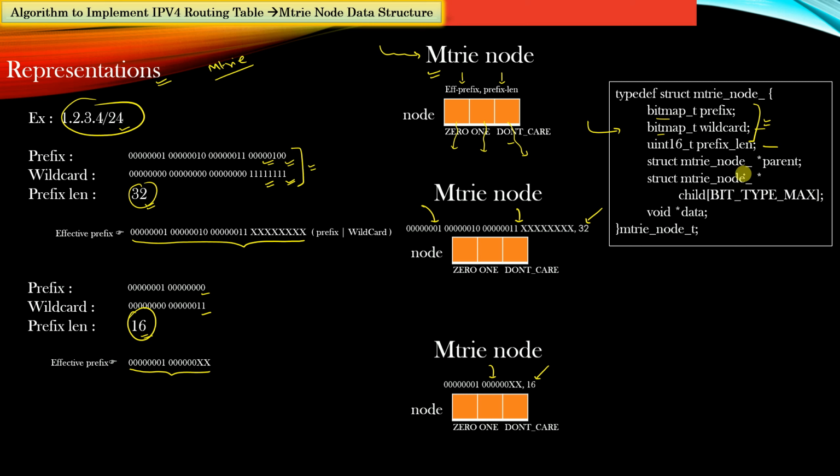Then each node contains a pointer to the parent and a pointer to its children. This we will discuss when we actually discuss the algorithm. Each node also contains some data which we will discuss when we discuss the algorithm. The point here is that you should understand the mtry node data structure and how we will store the effective prefix in this data structure as well as the prefix len.